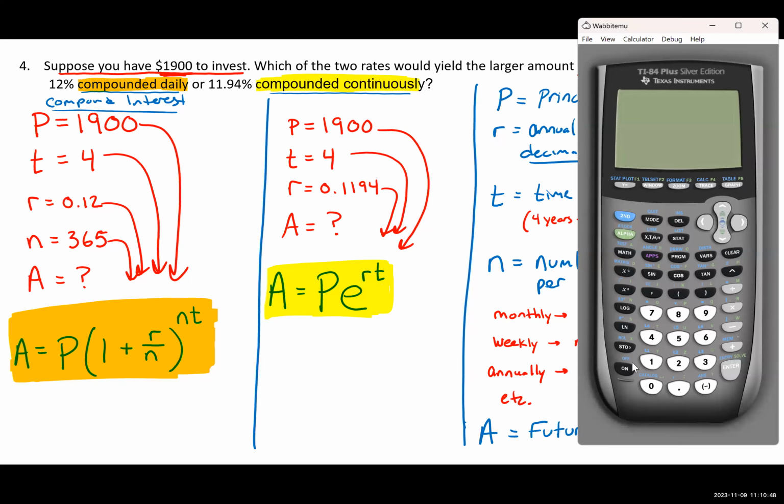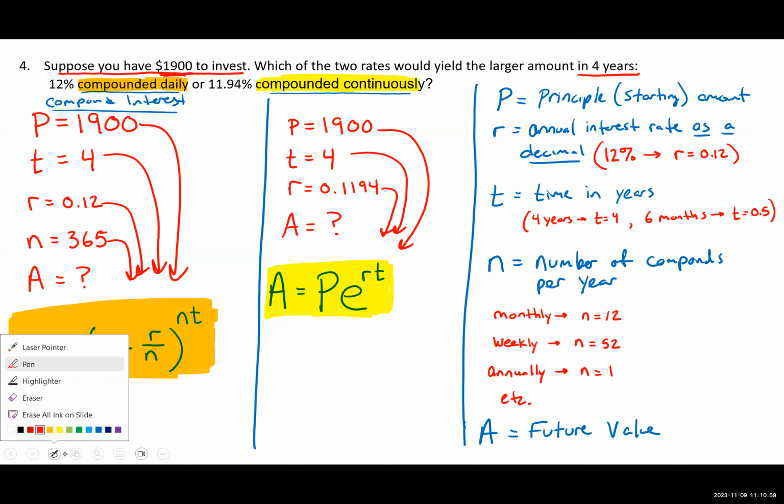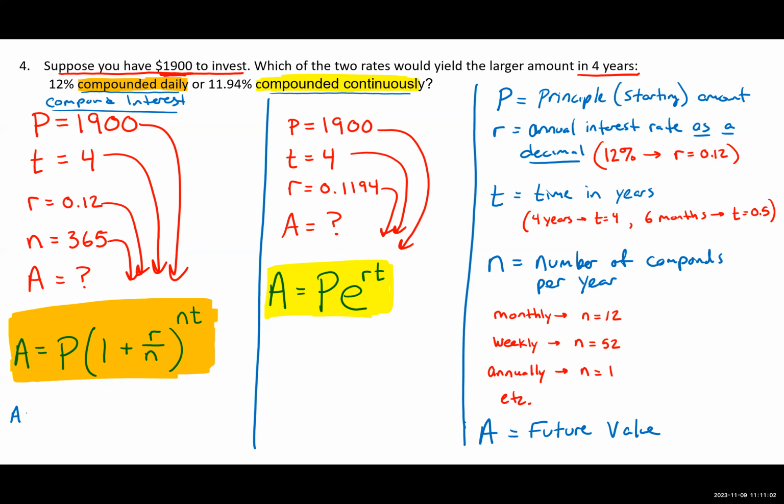So let me bring up the calculator, because this is definitely a job for the calculator. Actually, before I bring in the calculator, let's plug in some numbers visually. A is equal to P, which is 1900, parentheses, 1 plus the rate 0.12 divided by n, which is 365, raised to the power of n times t, so 365 times 4.